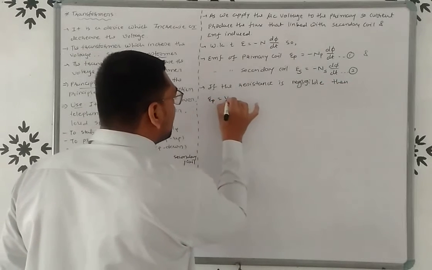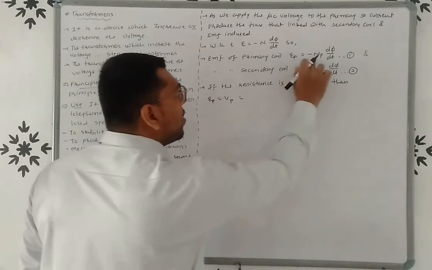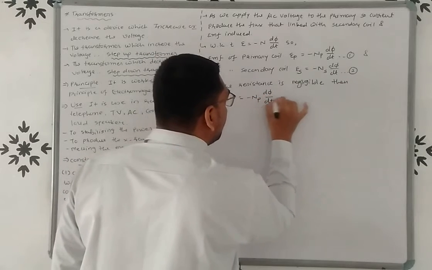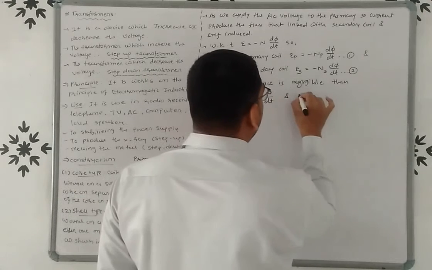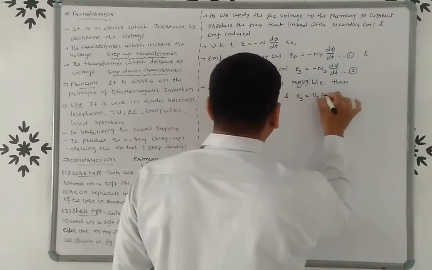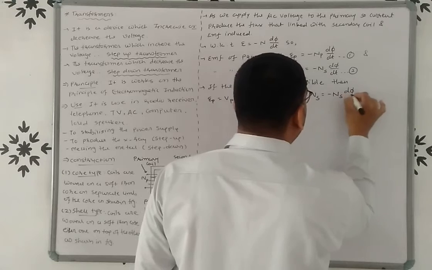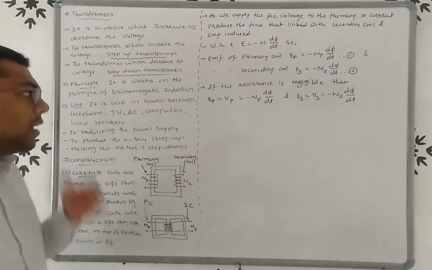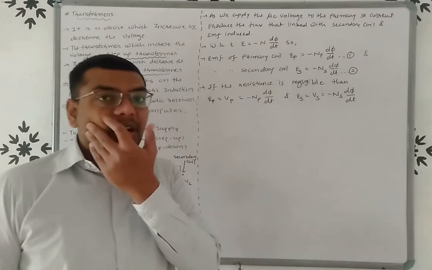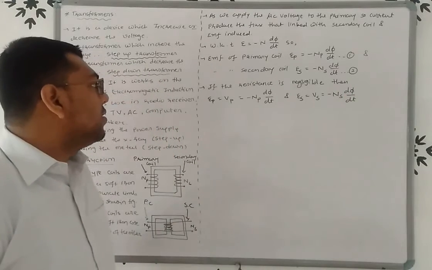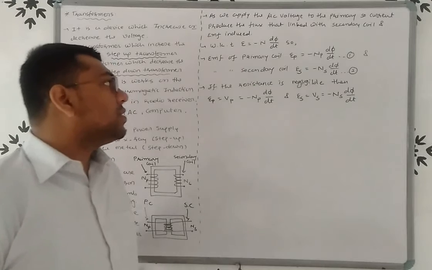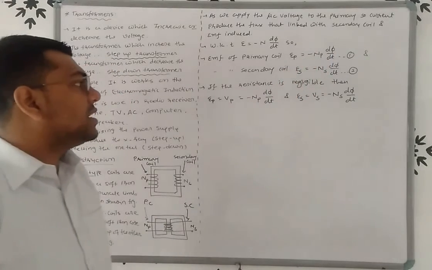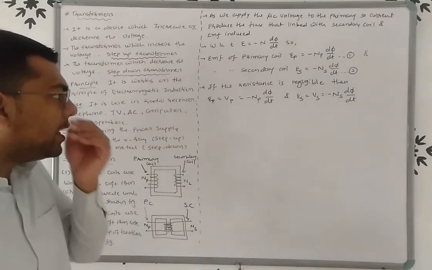EP, that is equal to VP, is equal to minus NP d phi by dt, and ES, that is equal to VS, is equal to minus NS d phi by dt.